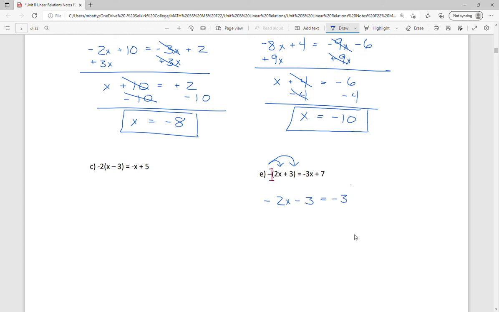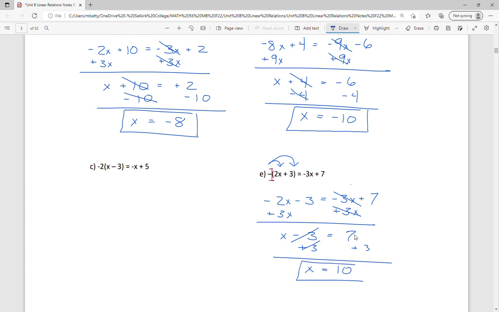I'm going to copy everything else out. I'm going to pick on the x terms first, doing the same to both sides. So I'd have an x minus 3 equaling a 7. I'd add 3 to both sides, to get my solution to this equation, I can solve this equation, not just simplify it or evaluate it, but solve it at x equaling 10.